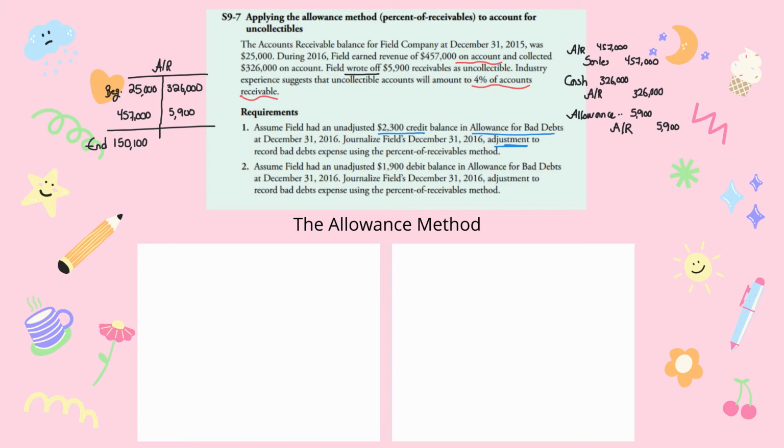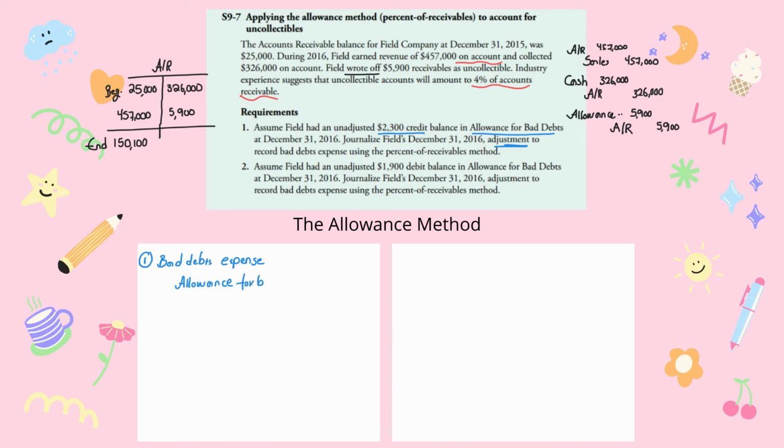So again, he's asking for the adjusting entry, which is bad debt expense to allowance for bad debt. It's not gonna change. Only the computation will change from one method to another.